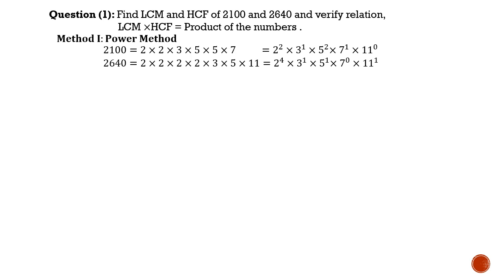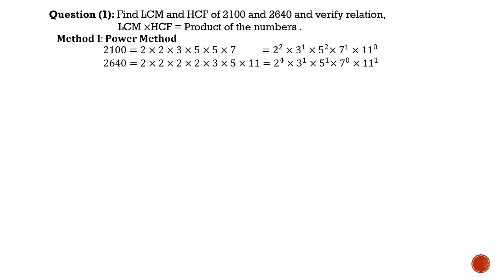Similarly, 2640 can be written as a product of its prime factors in power form as 2 raised to 4, because 2 has repeated 4 times, 3 raised to 1, 3 has come only once, into 5 raised to 1, 5 has come once. 7 is not present in the prime factorization of 2640, but it is present in that of 2100. So we write 7 raised to 0, meaning 7 has appeared 0 times, multiplied by 11 raised to 1, meaning 11 has come once in this prime factorization.